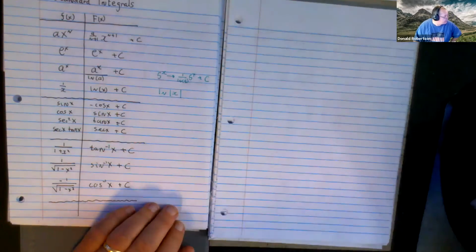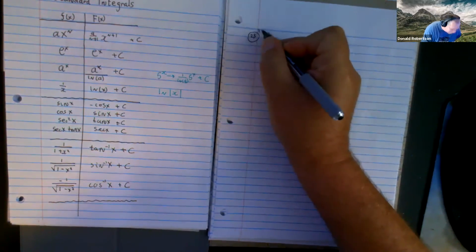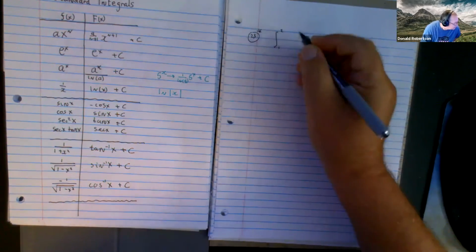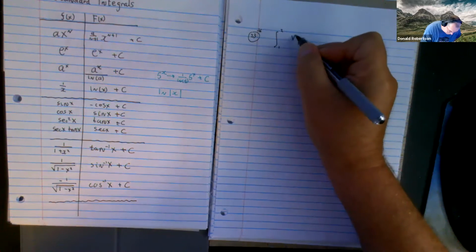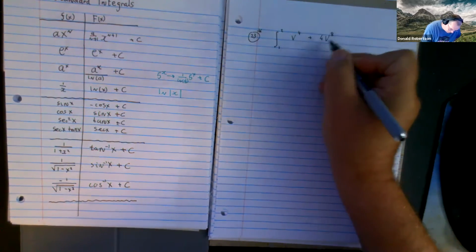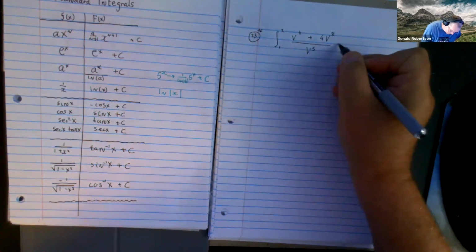Let's look at a version of 23. It's going to be the integral from 1 to 2 of v to the 4 plus 4v to the 8, all divided by v to the 5.